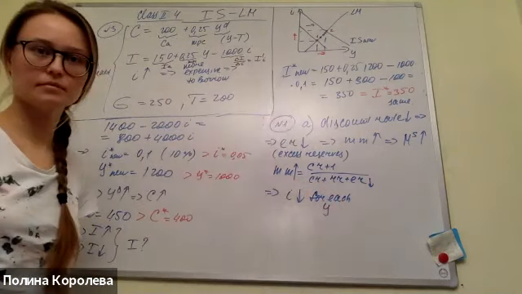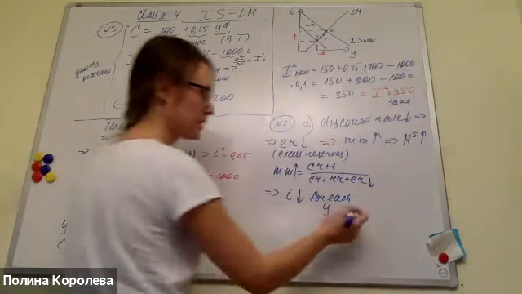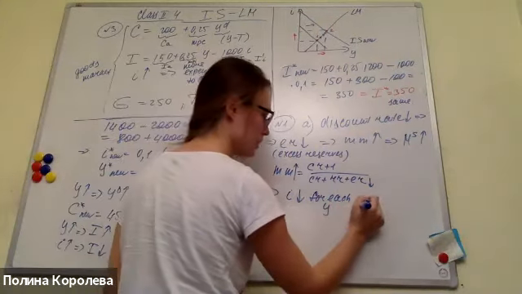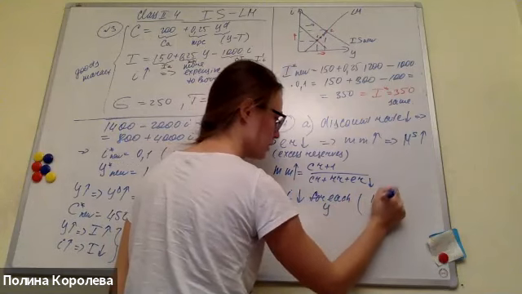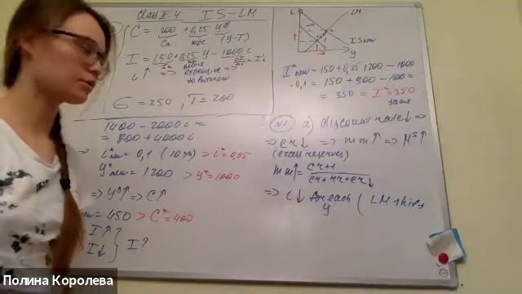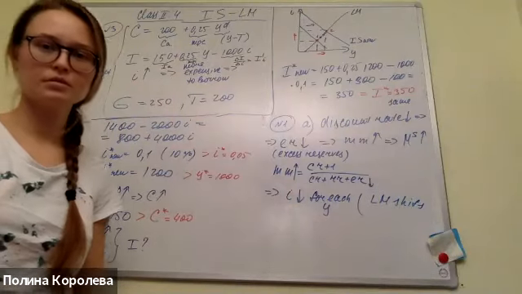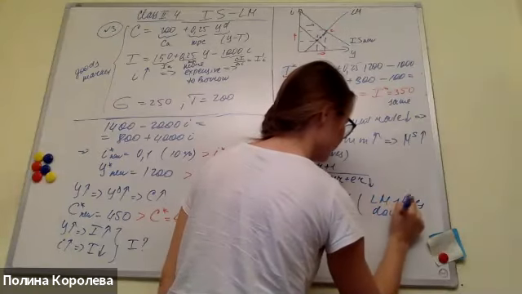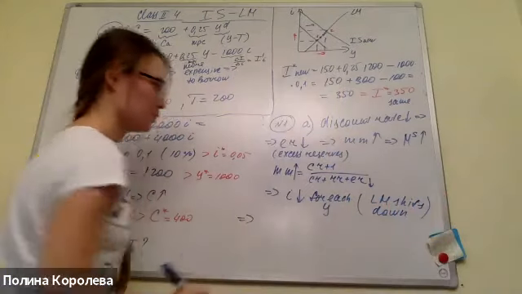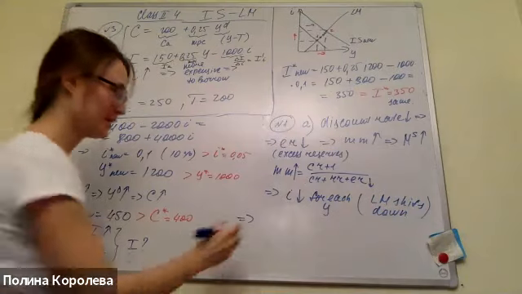And what is happening with LM? Interest rate decreases for each GDP level. That means the LM curve shifts where? Down. Down, yes. LM shifts down. And if LM shifts down, what is happening with equilibrium?